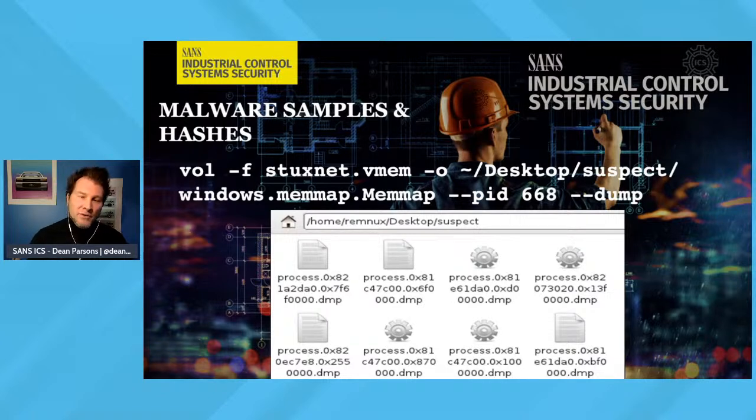We're giving it a -o, that's the output directory, and also using the Volatility windows.memmap, with the --pid process ID. That process ID, in this case 668, with --dump, allows you to extract out those files in a form that you can literally take and analyze in your sandboxes for quick analysis.